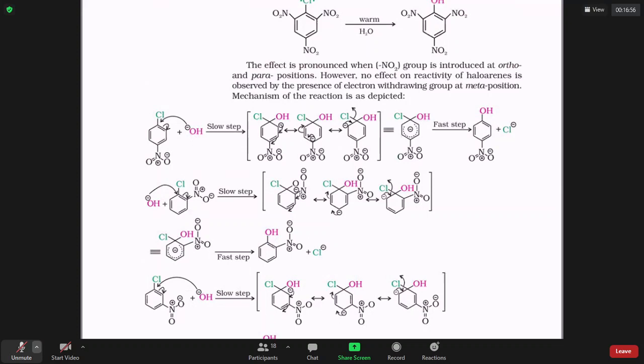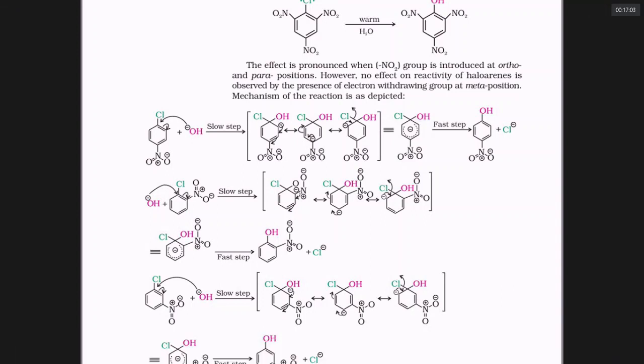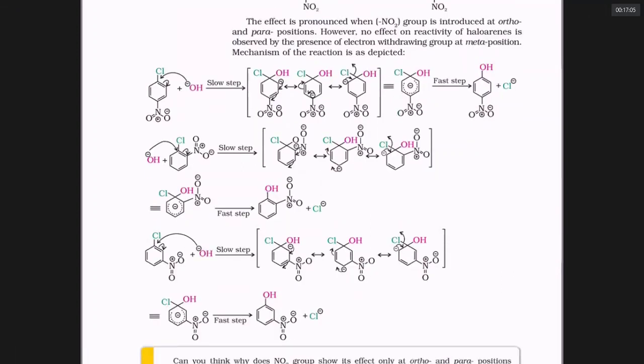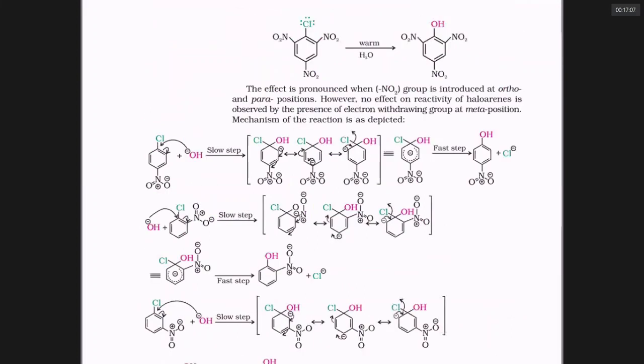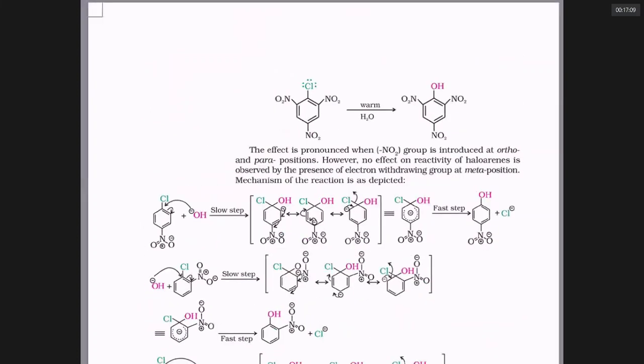If you are putting NO2 groups which are electron withdrawing, the electron withdrawing groups can weaken C-Cl bond. Why do they weaken? That has been represented and explained in this. I want you to read in particular.